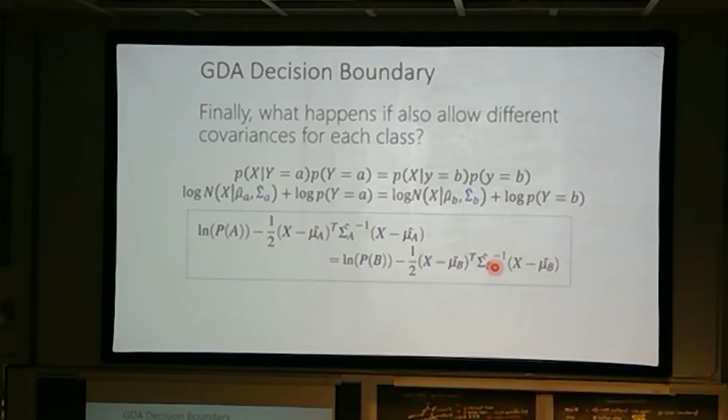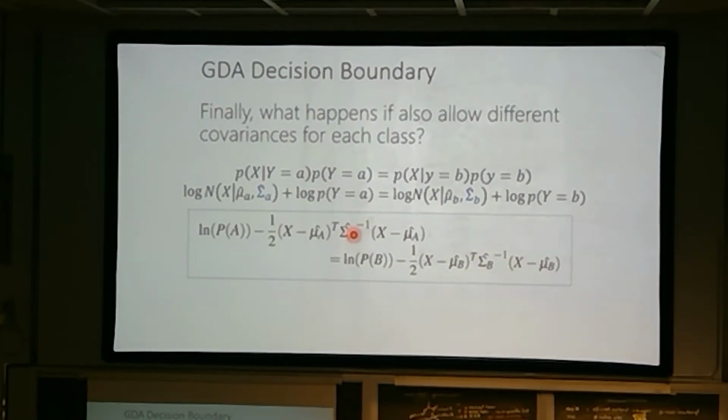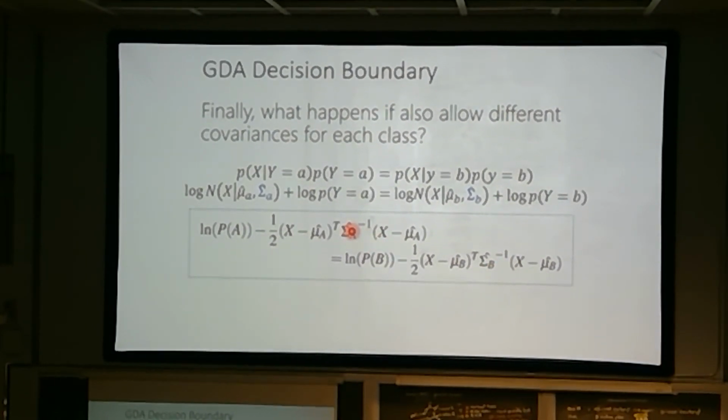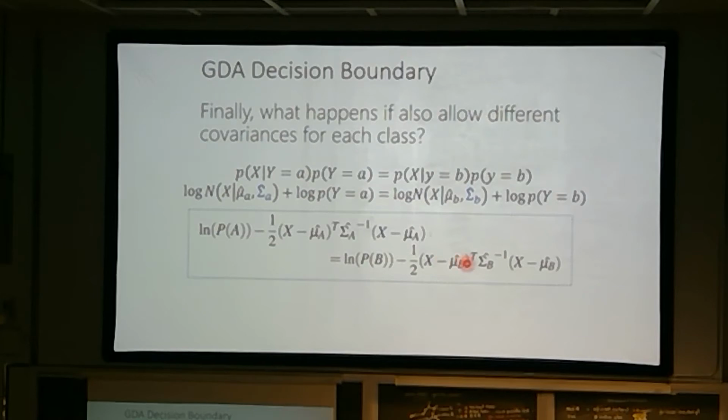You can see that I can't use that SVD trick. If I use that SVD trick here, that same SVD is not going to be applicable to a different covariance matrix. So I can only whiten or diagonalize one of these, but I can't do it and maintain the equality. If I do an SVD that diagonalizes this and apply it to this side, it's not going to be diagonal because it's not the same covariance matrix.